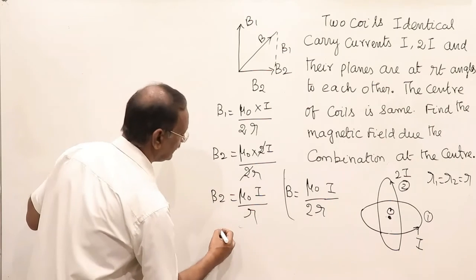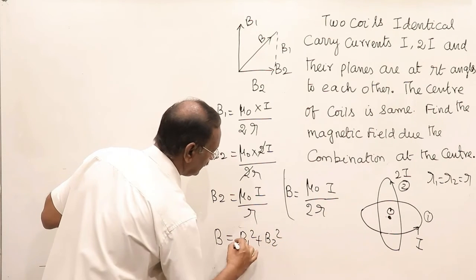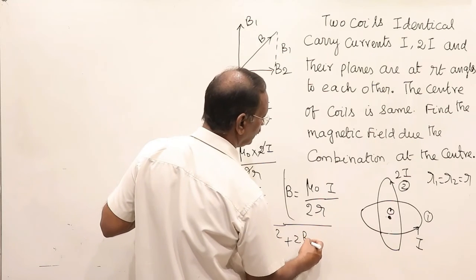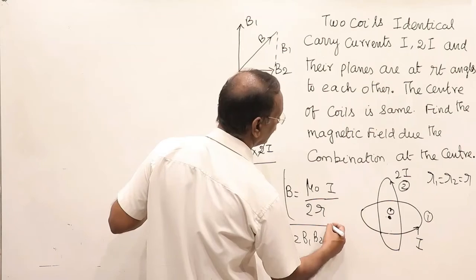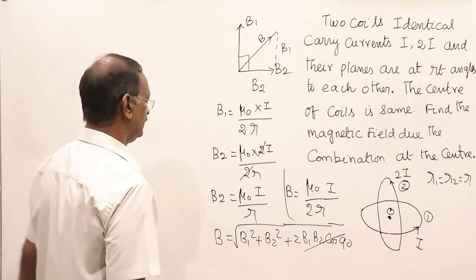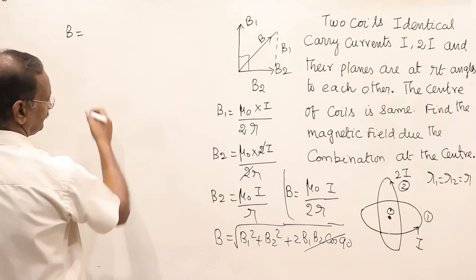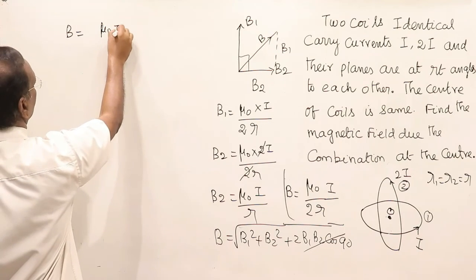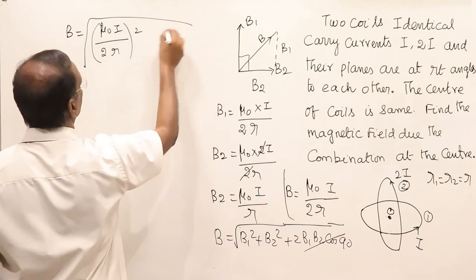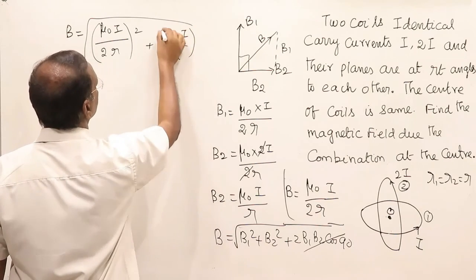And what about the resultant magnetic field? The resultant magnetic field is equal to the square root of B1 square plus B2 square plus 2 B1 B2 cos of the angle between these two vectors, cos of 90, which becomes 0. Therefore the net magnetic field is equal to the square root of B1 square plus B2 square, which is mu naught I divided by 2R whole square plus mu naught I divided by R whole square.